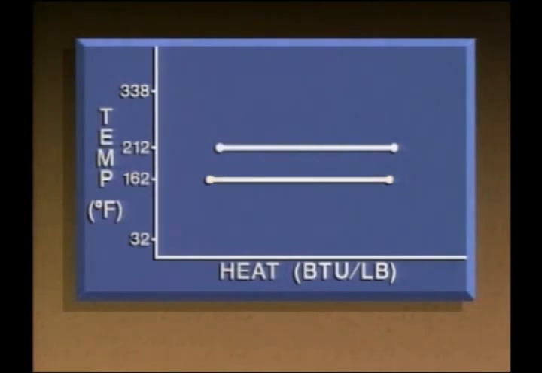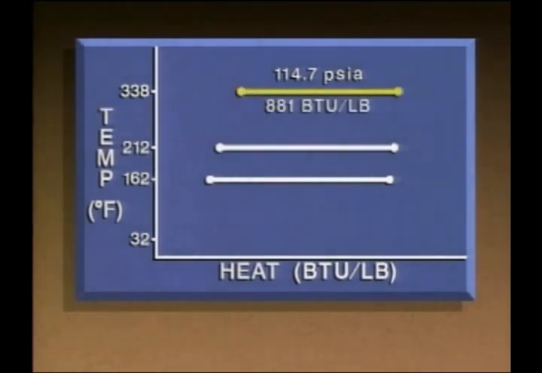Now let's look at a pressure that's higher than atmospheric, 114.7 psia. At this pressure, water won't boil until it reaches 338 degrees. Under these conditions, the latent heat of vaporization is about 881 BTUs per pound, which is less than the latent heat of vaporization at atmospheric pressure.